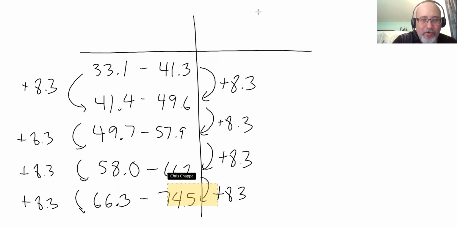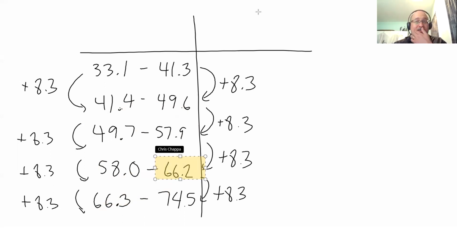But in order to figure out where they begin, the first class ends right before the second class begins. And then again, you can just add 8.3 to create your upper limits, or just back up a lower limit to figure out the preceding upper limit. But either way that you do it, you should get the same classes. All right, let's clean this up.